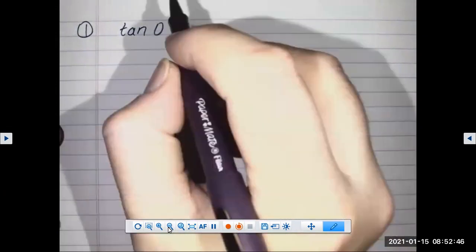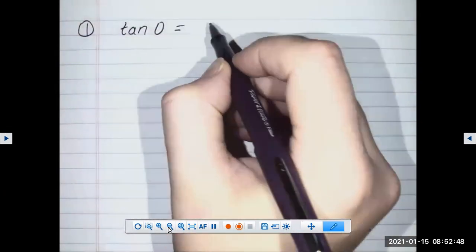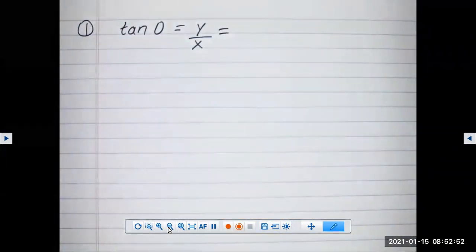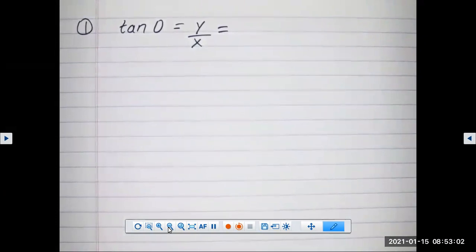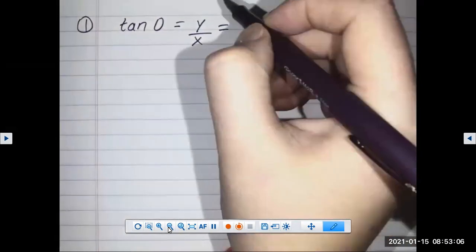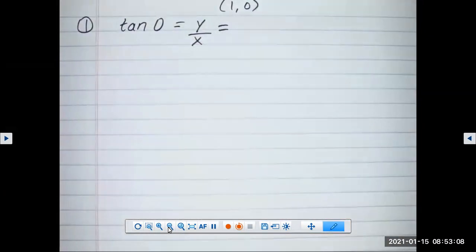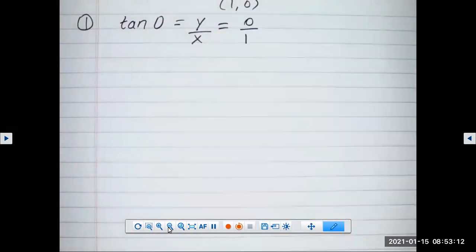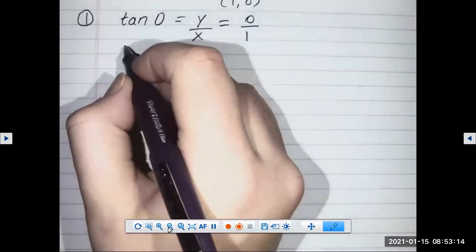Remember to find tangent, you take your y and divide it by your x. What do y'all think tangent of 0 degrees or 0 pi is? 0, good. Your ordered pair associated with that angle is 1, 0. So 0 divided by 1, 0.